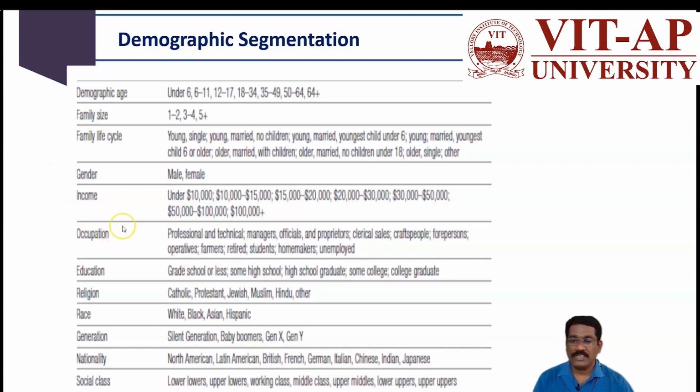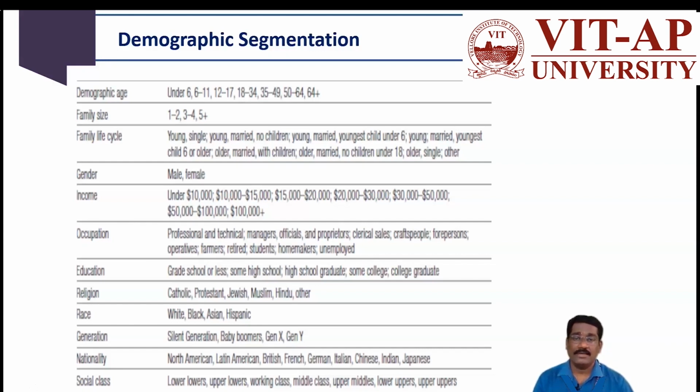And also you have generations: we have the silent generation, baby boomers, now we have Generation X, and we have Generation Y, so-called millennials, and they have many different requirements.